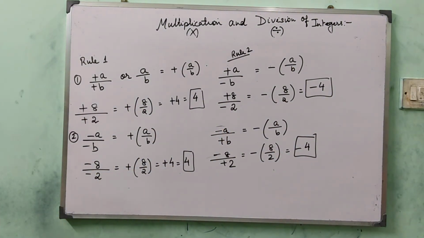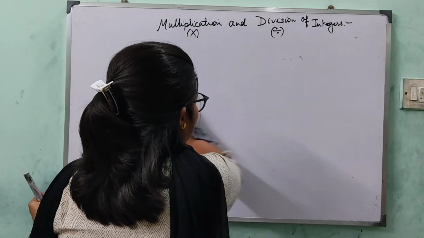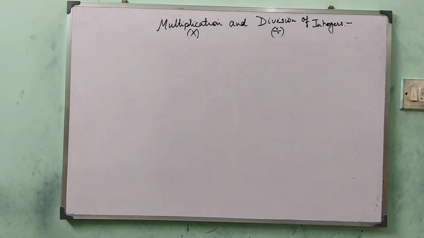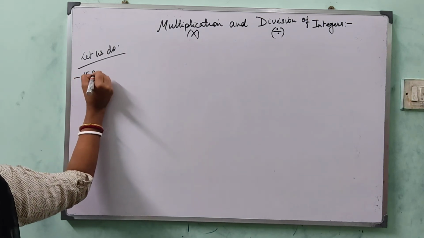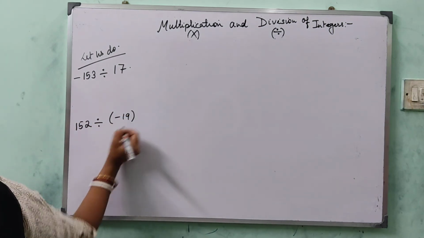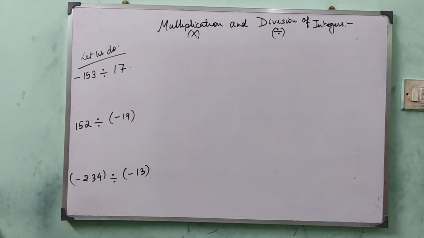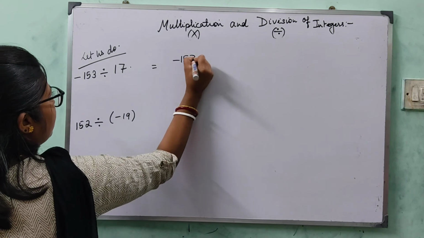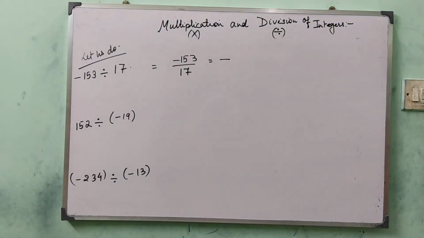Let us do some examples quickly. So yes, this one, I can see one negative, one positive, so the quotient will have a minus sign as per the rules that we just now learnt.